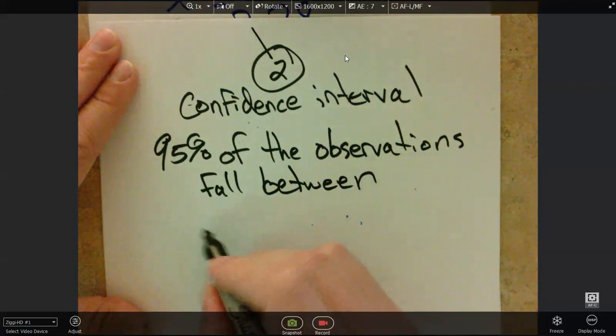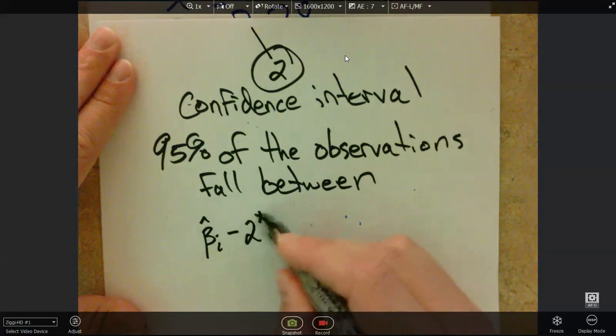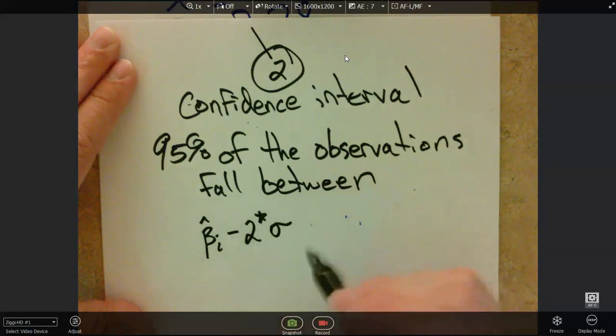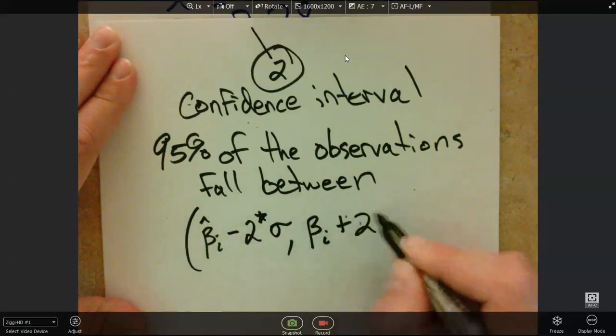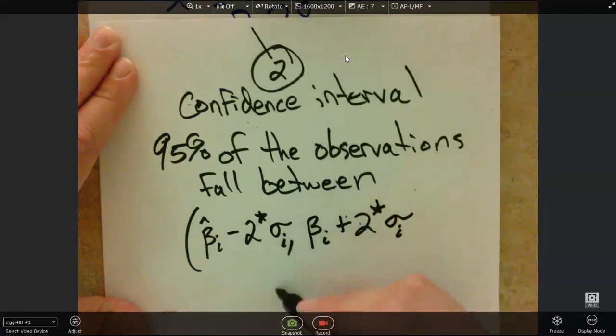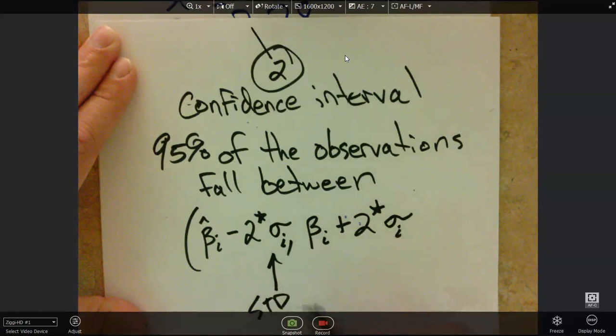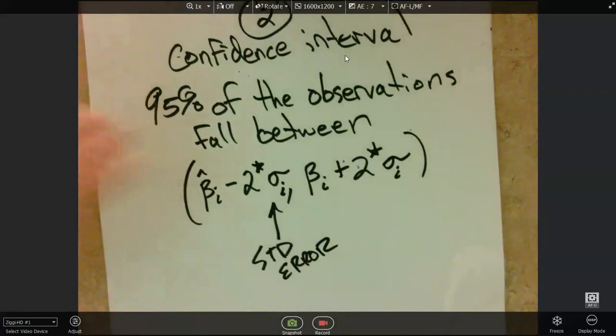and it's the coefficient estimate, so the beta hat minus 2 times the standard error, so they use sigma for that. Everybody uses sigma for that. Beta hat plus 2 times the standard error. This is standard error. And so let's do an example with the beta 1, right?